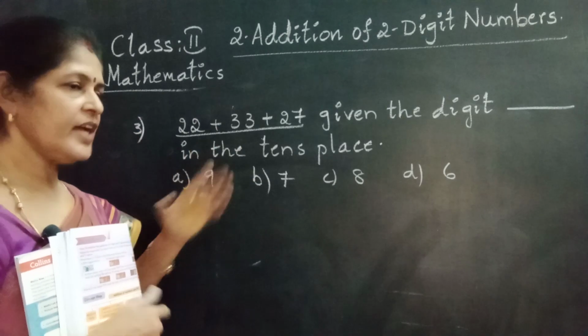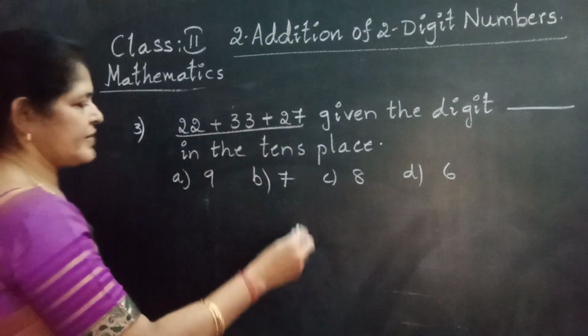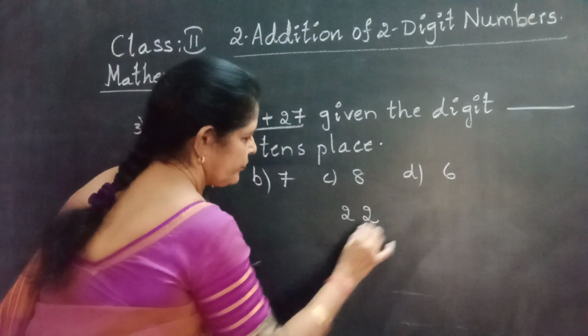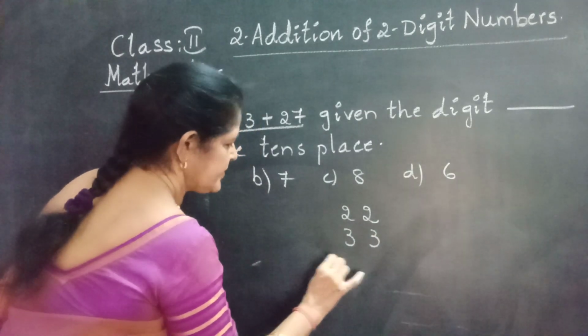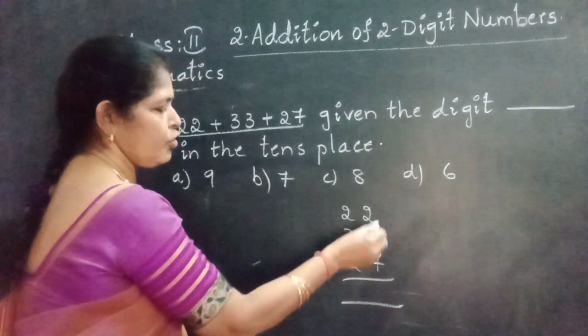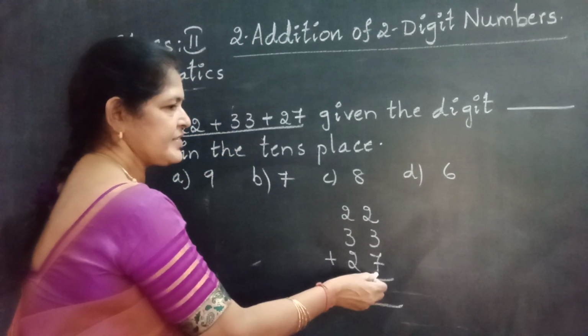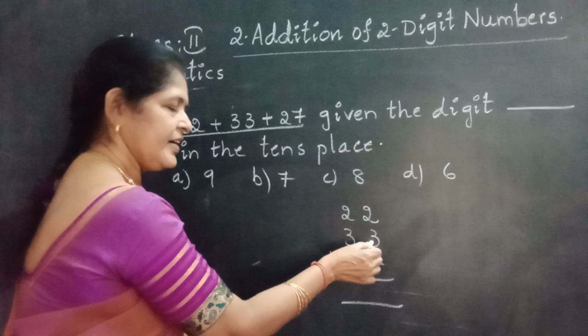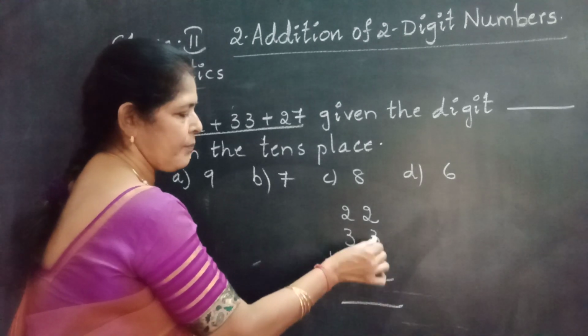Addition means find the total first. Write these numbers aside. 22, 33 plus 27. Now find the total. 7, 2 plus 3, 5. 5 plus 7, or 7 plus 3, 10. Very good. These two numbers are adding.